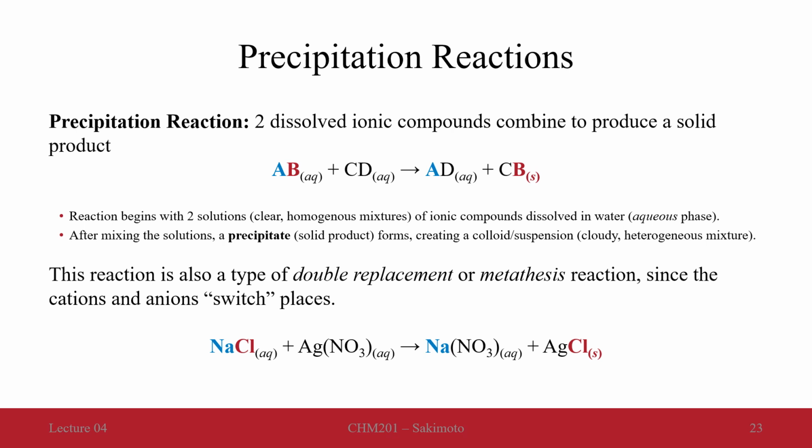The sodium and silver will effectively switch places. Now sodium is associated with this nitrate. But more importantly, our silver is now going to be bonded to the chloride, forming solid particles, solid little chunks and crystals of this silver chloride product. Our previously clear solutions are going to appear as a cloudy white, milky mixture, showing the formation of this product and the occurrence of a chemical reaction.